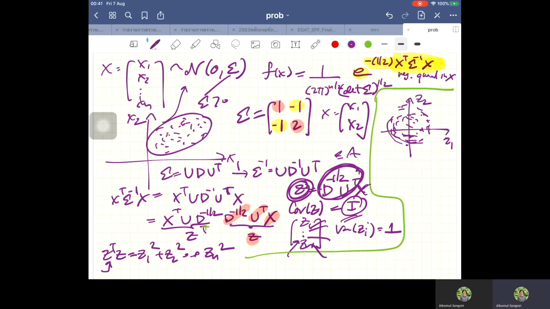Now we're going to talk more about the bound of this, like the radius of the circle.